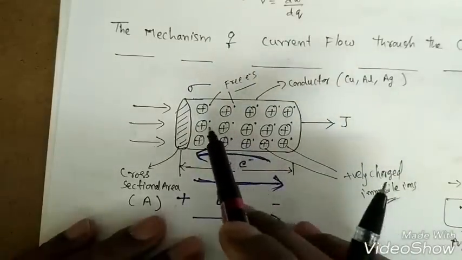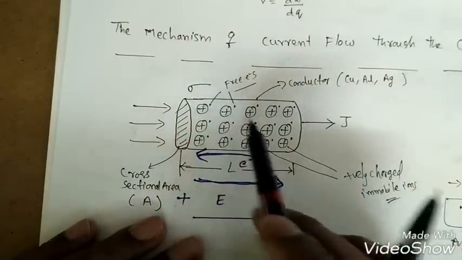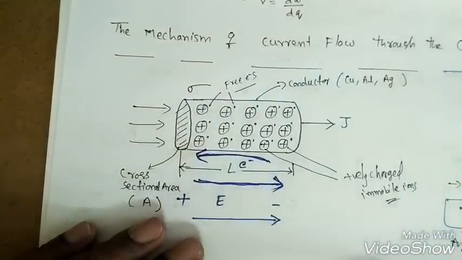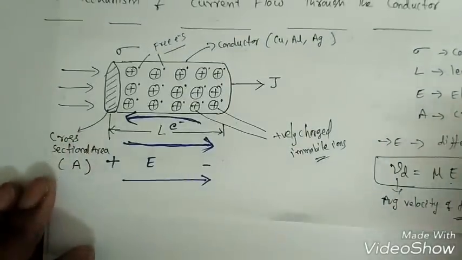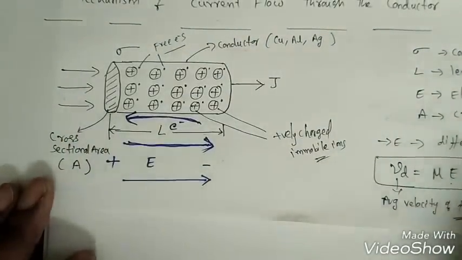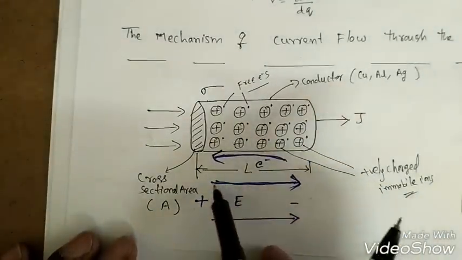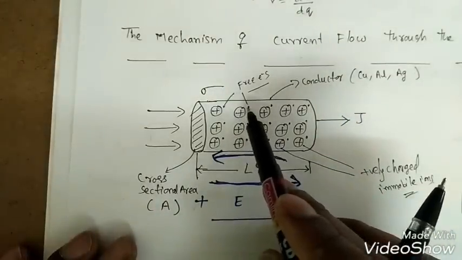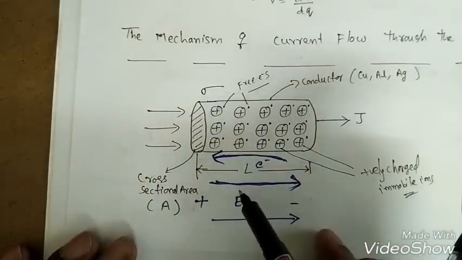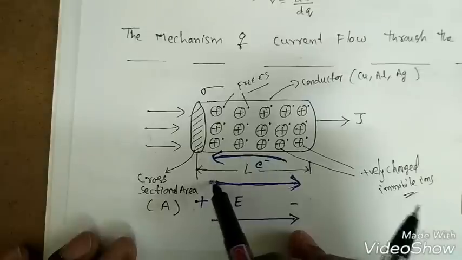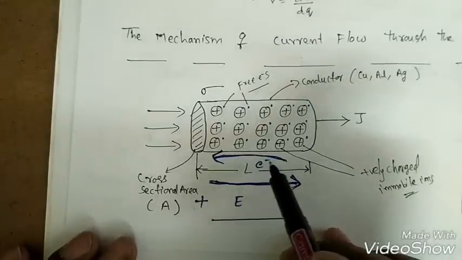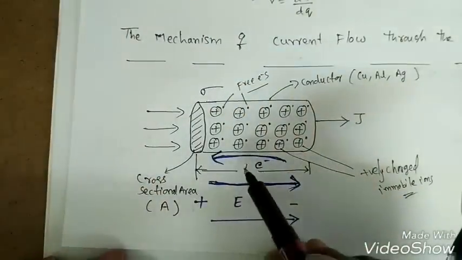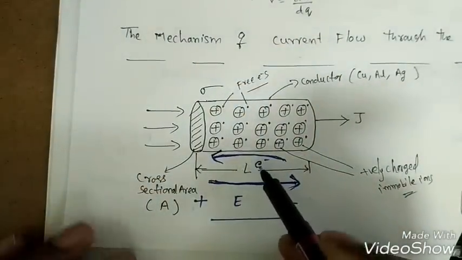When we apply the electric field, the free electrons will get different velocities, and we take the average. So that is Vd is equal to mu into the applied electric field, right? Now the electrons will try to oppose the applied electric field. That means when the electric field is in this direction, the electron movement will be in the opposite direction to oppose the applied field, right?